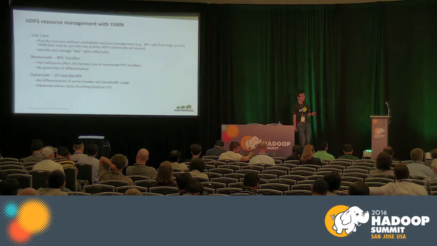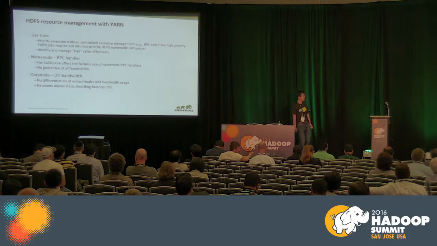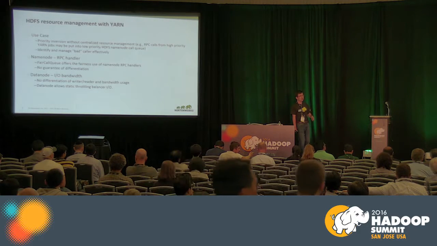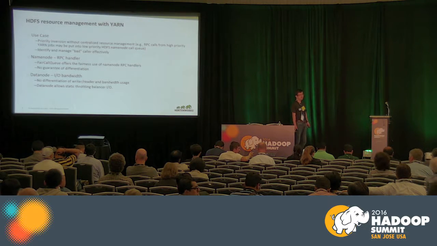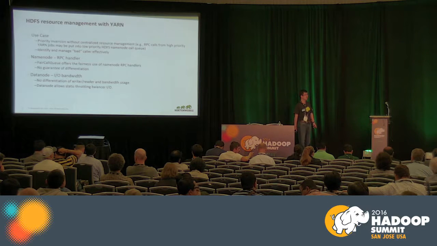If one of the jobs or queries is not well designed and sends an overwhelming amount of RPC requests to the HDFS name node, then the fair call queue can put all the RPC requests from the same user into the low priority call queues, and they have less probability of being processed by the handler thread.